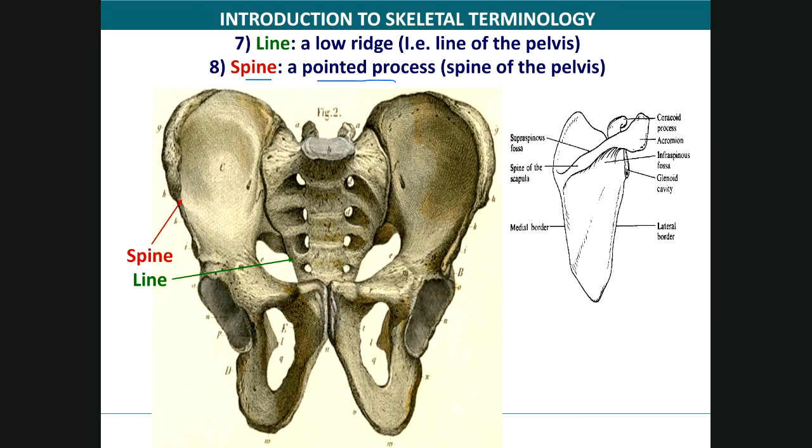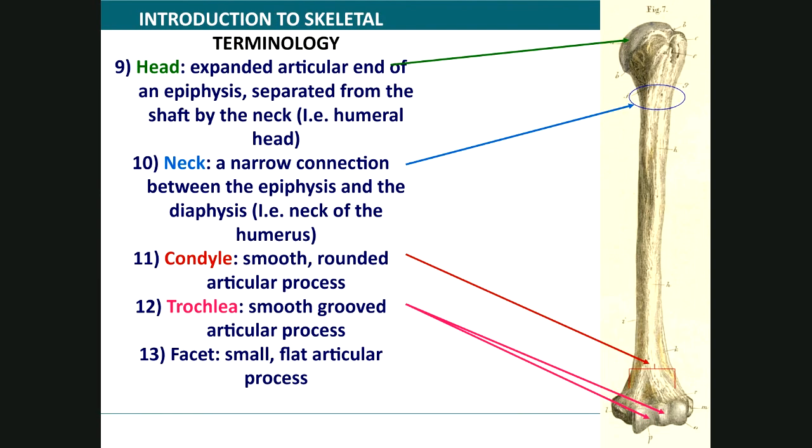This is an example of the spine of the scapula. In the anterior pelvis, we have the anterior superior iliac spine and anterior inferior iliac spine. In the back is the posterior superior iliac spine and posterior inferior iliac spine, areas of tendon and ligamentous insertions also.